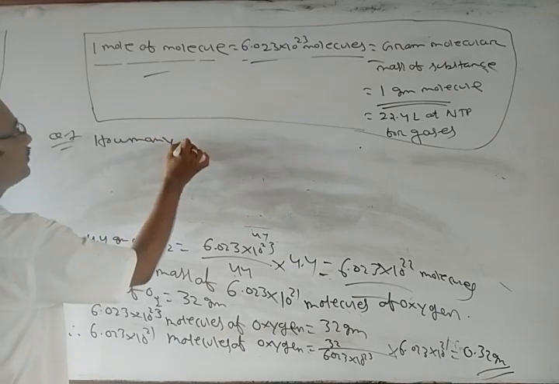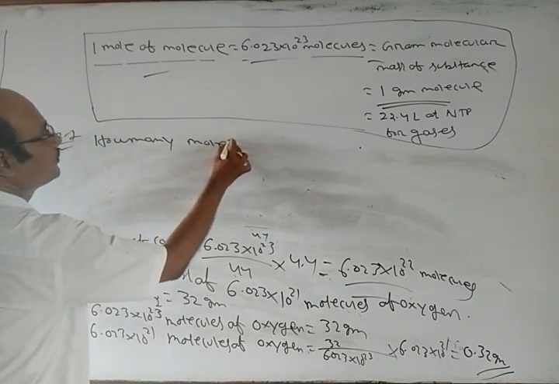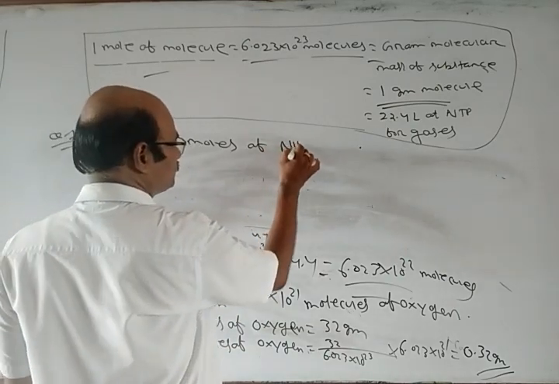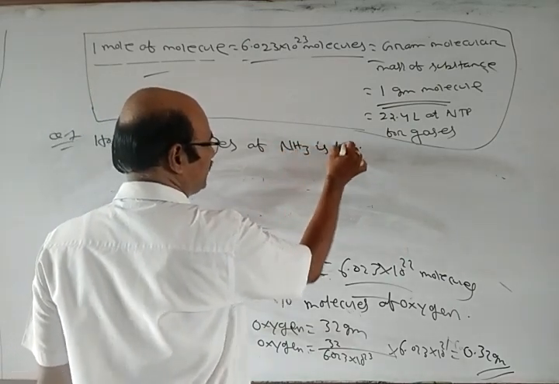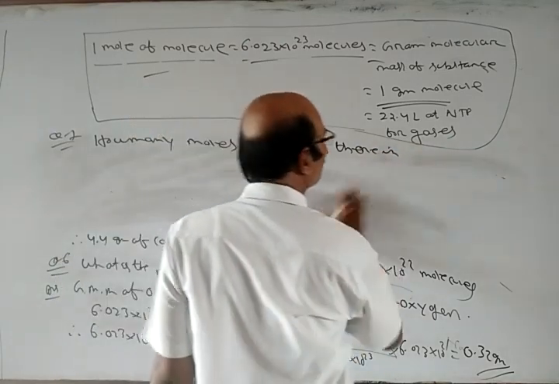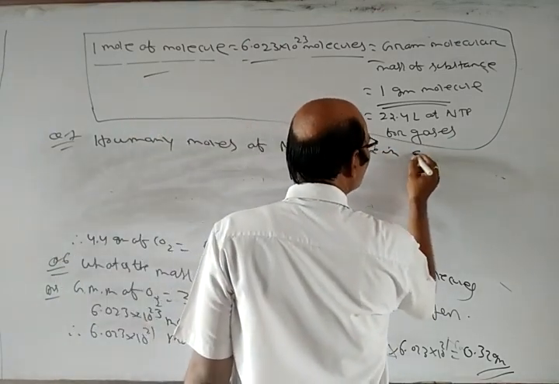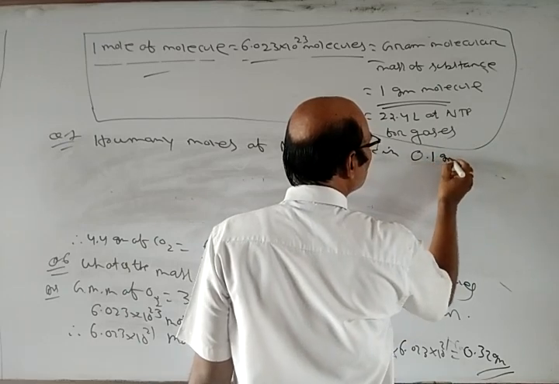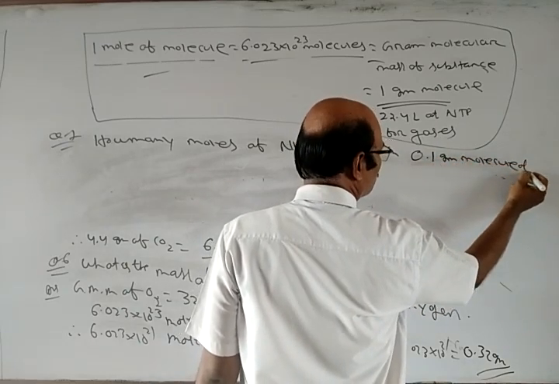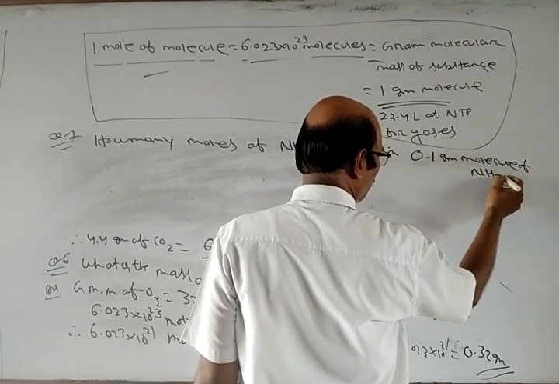How many moles of ammonia are there in 0.1 gram molecule of ammonia?